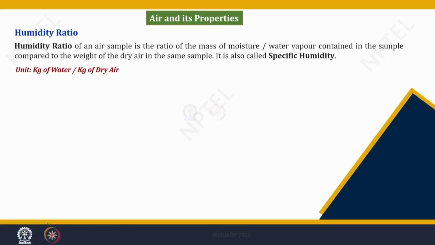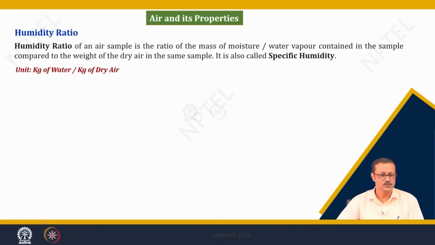So, we have discussed two major things in the previous lecture, one is the DBT and the WBT. Next is the humidity ratio. The humidity ratio is defined as, in a particular mass of air at a certain volume, the ratio of the mass of the moisture to the mass of that particular dry air.